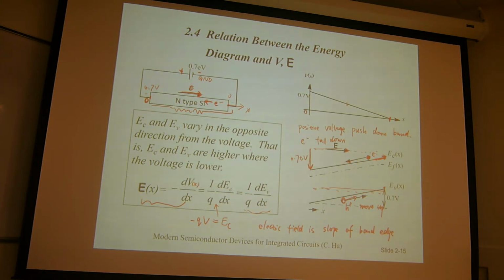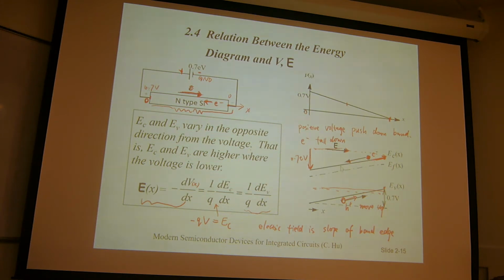So now you will see a slope in this energy band. We also discussed that the slope means electric field. So if you have the slope, that means you have electric field. One more conclusion from here is that for the electrons in the conduction band, electrons are like water.